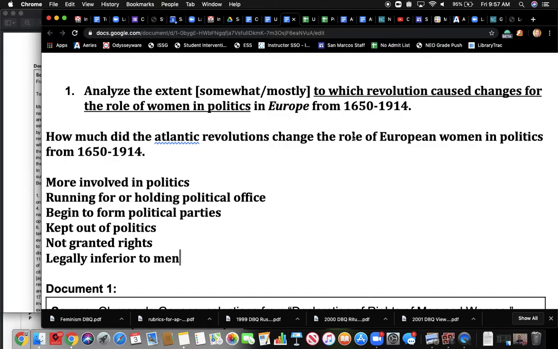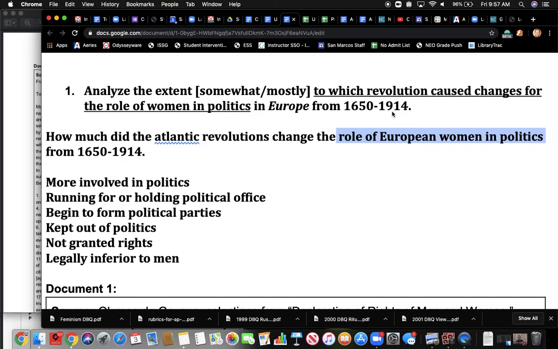Because again, in all of these documents, you're going to start looking at the role of European women in politics. And we're going to see if these Atlantic revolutions, these Enlightenment values, to what extent did they change the role of women? So what were women like in the beginning? What was the role of women in 1914? To what extent does it change their role in politics?